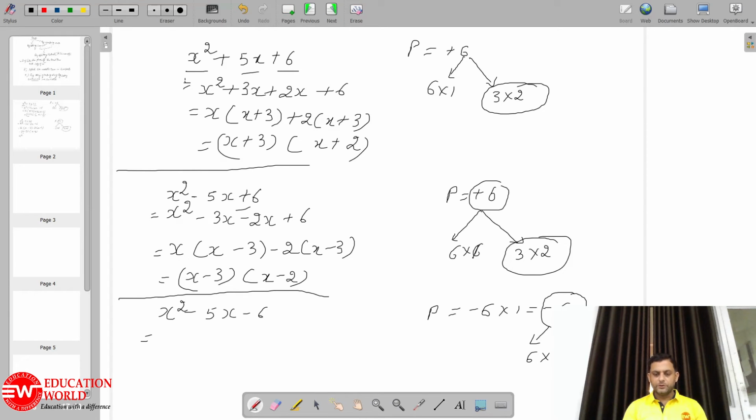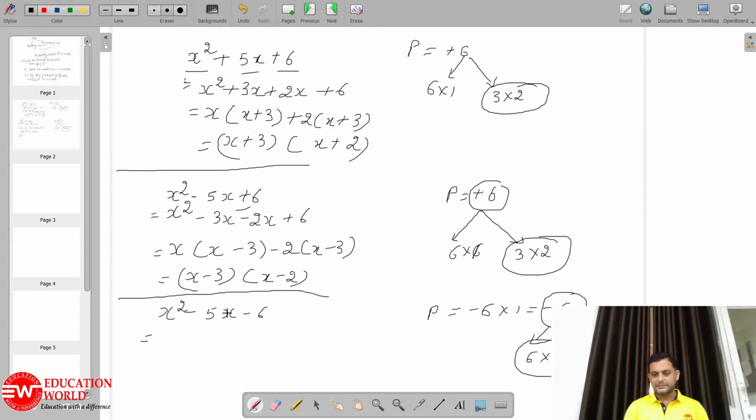Now this time, because the product is negative, 6 and 1 is applicable. The reason is that the middle term is 5, so the difference must be the middle term. 6 and 1 difference is 5.